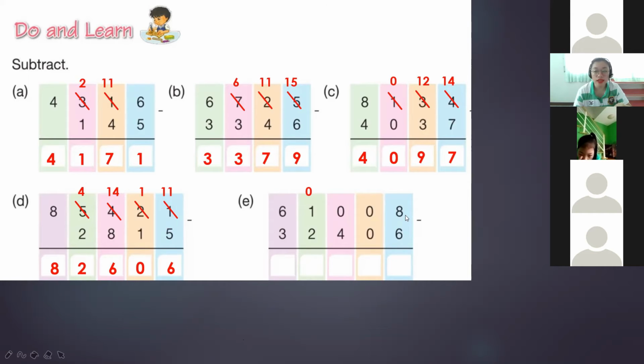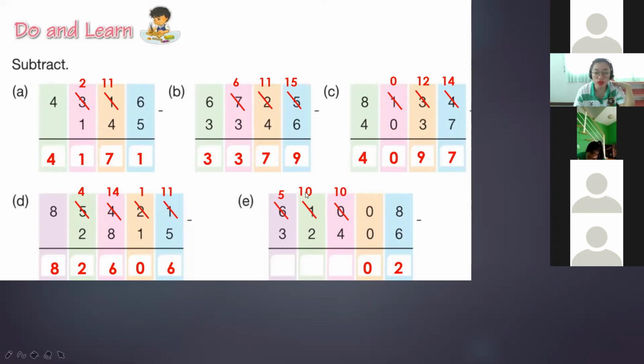Next is letter E. We will start subtracting. The numbers are 61,008 minus 32,406. 8 minus 6 is equal to 2. 0 minus 0 is 0. In this one, the minuend is 0 and the subtrahend is 4. So the subtrahend is bigger than 0. So we have to borrow from 1.